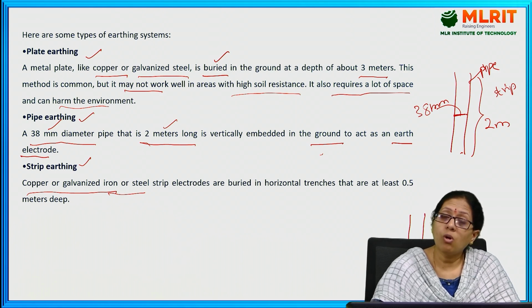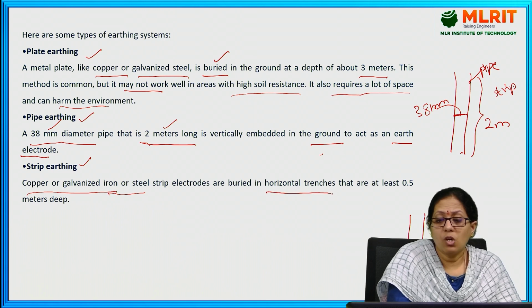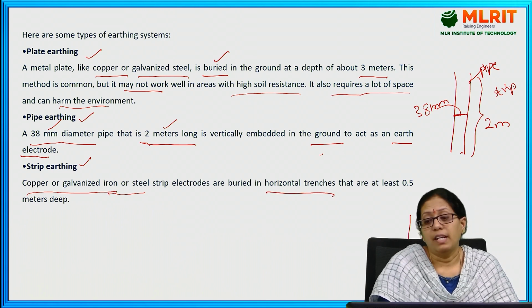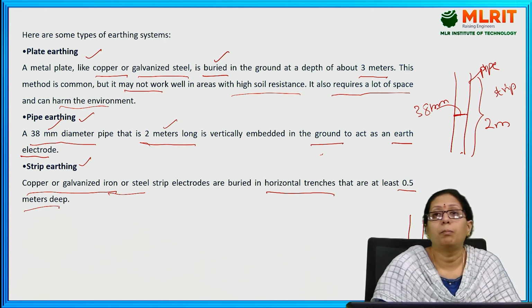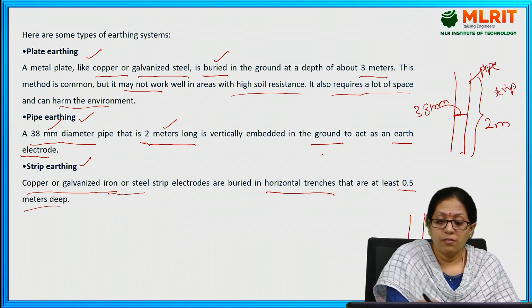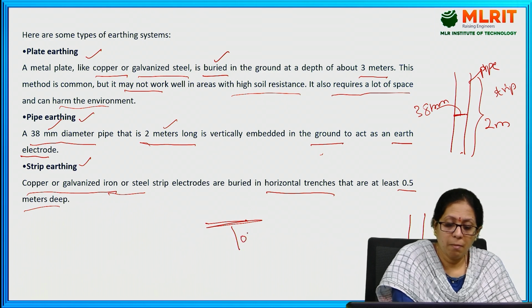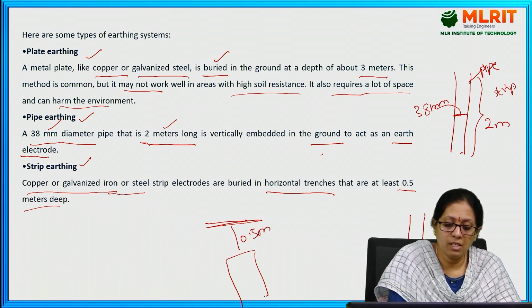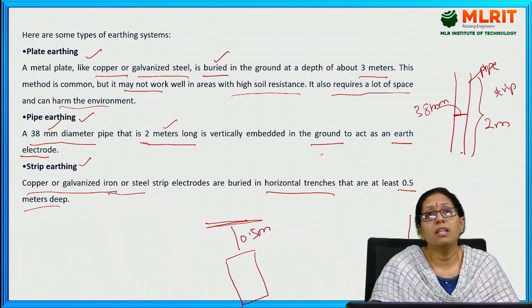It is buried in horizontal stretches at least 0.5 meters deep. That is, inside the earth at a minimum 0.5 meters depth we need to place this strip. So these are the three different types of earthing systems.